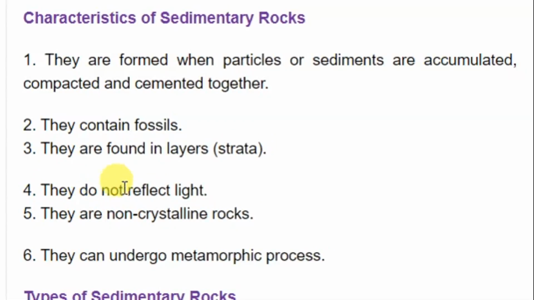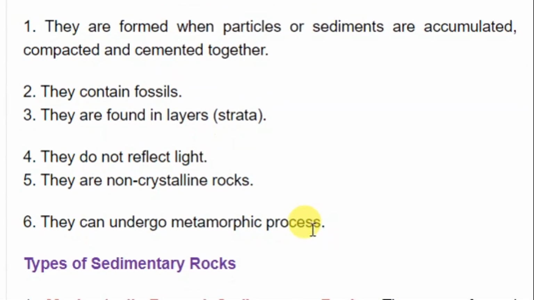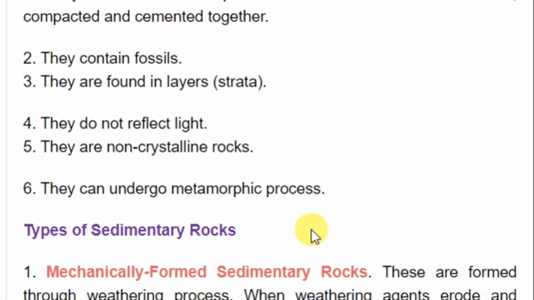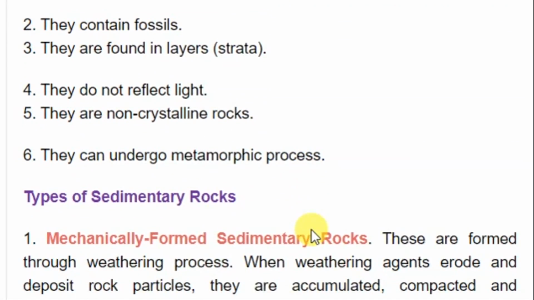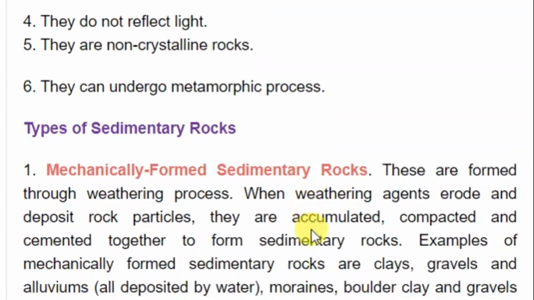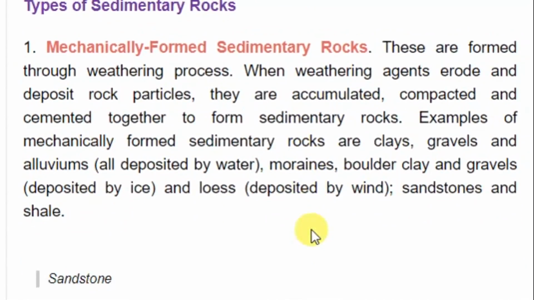Then they do not reflect light. Number 5, they are non-crystalline rocks, they have no crystals. Number 6, they undergo the metamorphic process. They can undergo metamorphism, but not weathering. Igneous rocks can undergo both metamorphic and weathering processes, but sedimentary rocks can undergo only the metamorphic process.